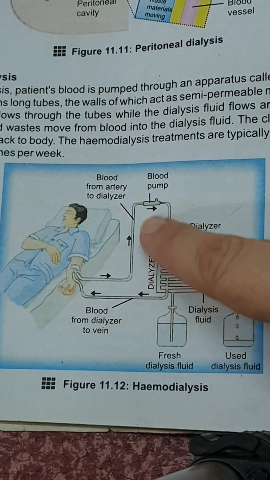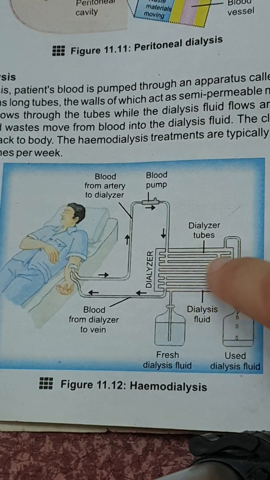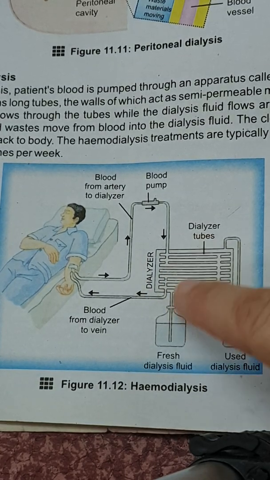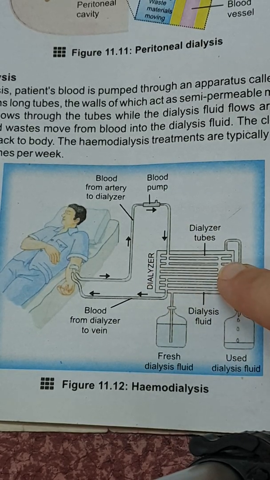The machine consists of special blood pumps, and it also includes the dialyzer tube, in which special membranes are present, and those membranes then filter the blood.